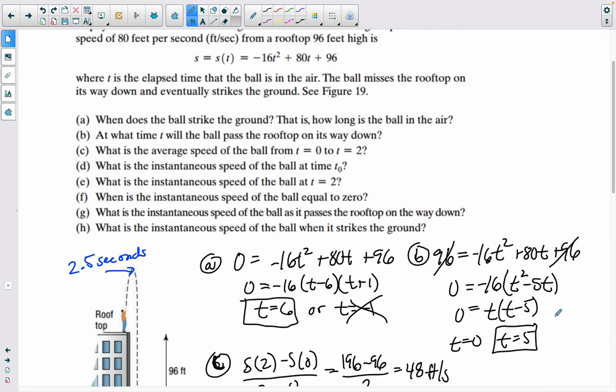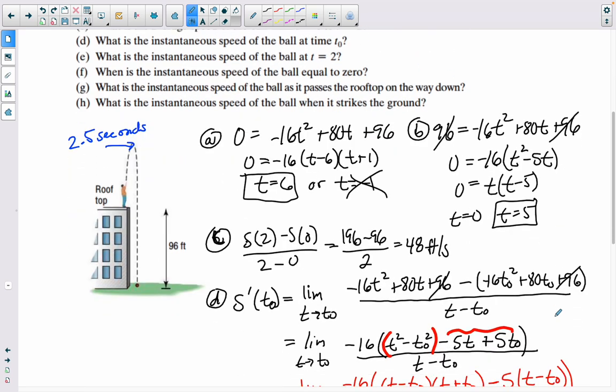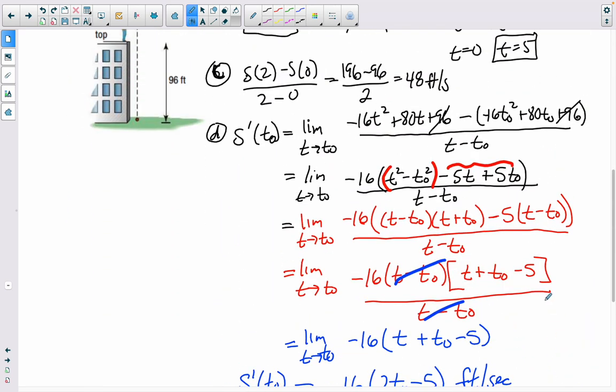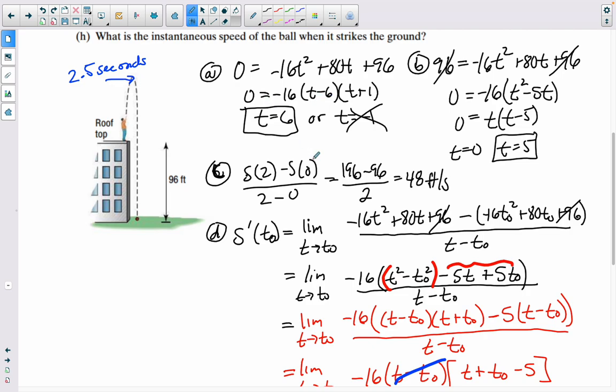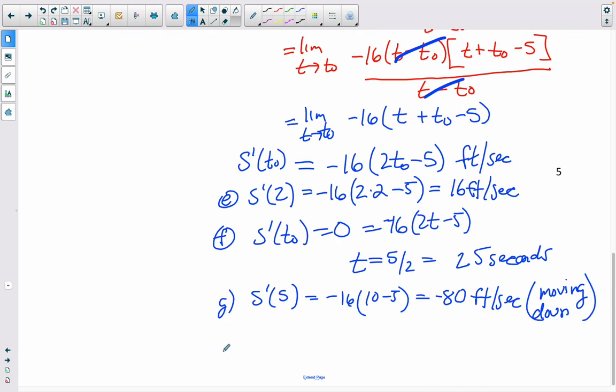And the final question is, what is the instantaneous speed of the ball when it strikes the ground? And so we know it strikes the ground at 6 seconds. We found that in part A. So part H, S prime of 6 will be equal to negative 16 2 times 6 is 12.